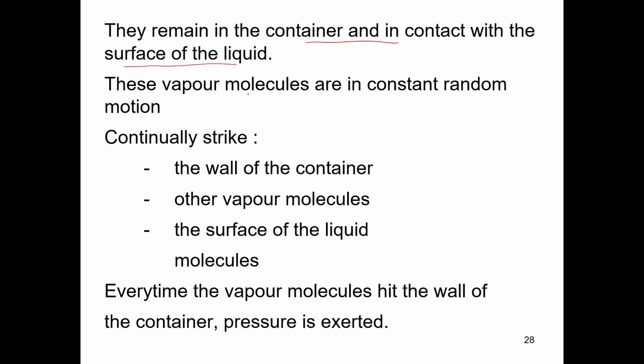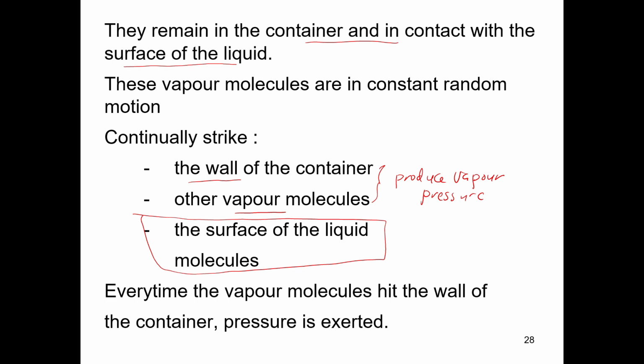Some gas particle tu akan collide with wall of the container, akan collide each other. So collision between wall of the container and each other tu yang akan produce vapor pressure. Yang collide the surface of the liquid akan jadi liquid semula lah.